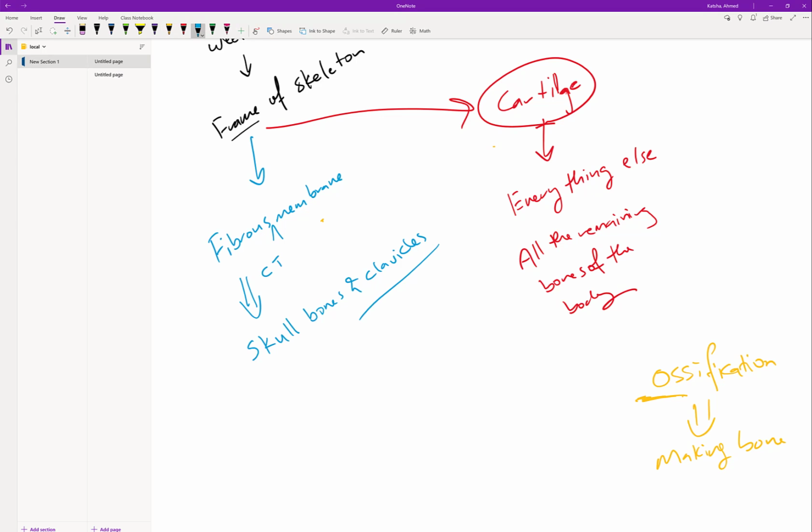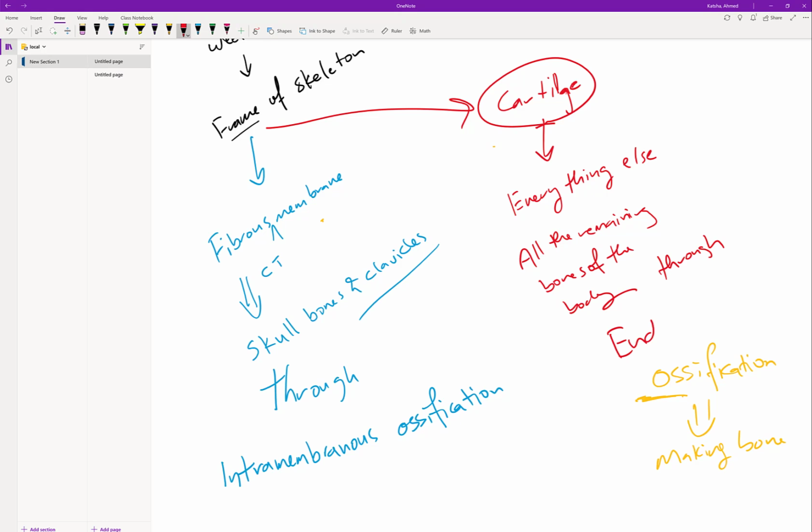For the fibrous membrane, this is done through a process called intramembranous ossification, whereas the cartilage is turned to bone through a process called endochondral ossification.